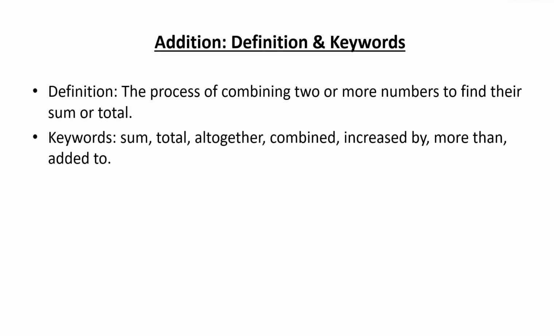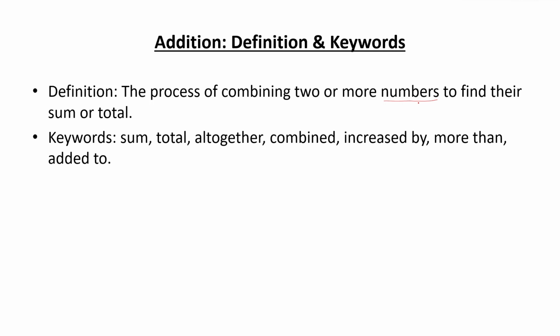Okay. So definition. What is addition? The process of combining two or more numbers. So addition as well as subtraction, both are operations involving numbers. If you want to sum two numbers, if you want to get the total of two numbers, that operation is known as addition.